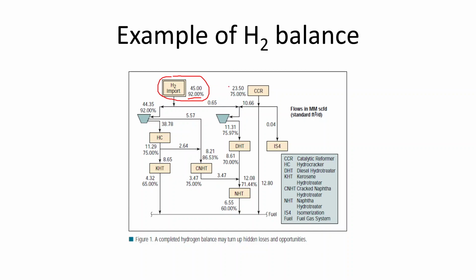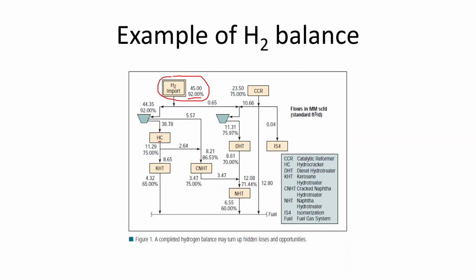So in this case we have two sources of hydrogen, and it goes through some pipelines and ends up in the hydrocracking unit. That hydrocracking unit, as you can see in the diagram, requires 38 something million scf, and the required concentration is 92%.